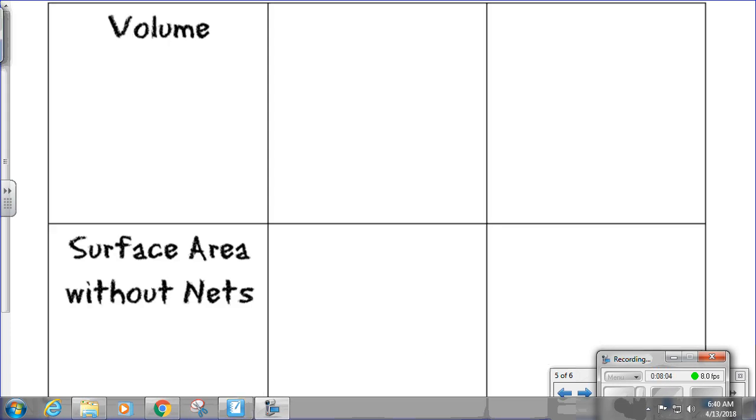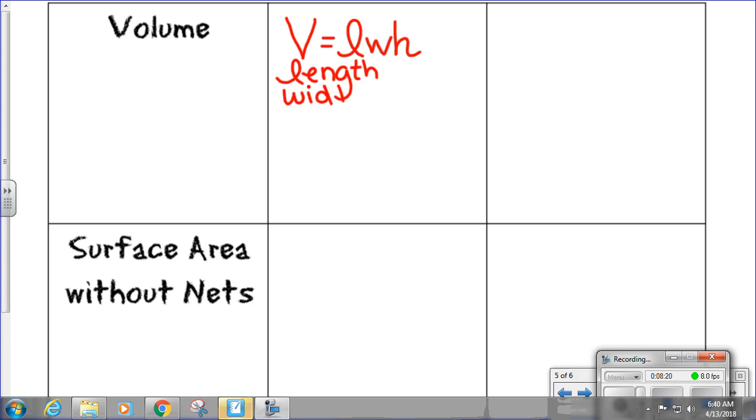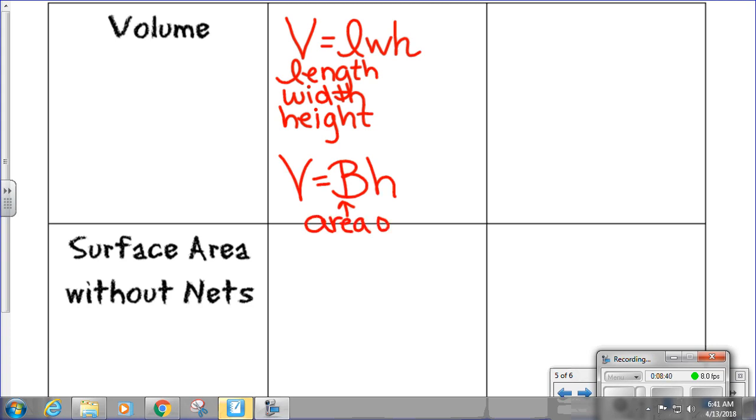Next, we have volume. There are two formulas for volume, depending on what you are given. We have volume equals length times width times height. Those are what the three variables represent with the L, W, H. And then we also have volume equals area of the base times height. This capital B means area of the base.